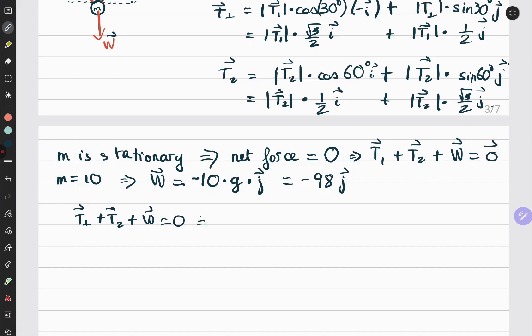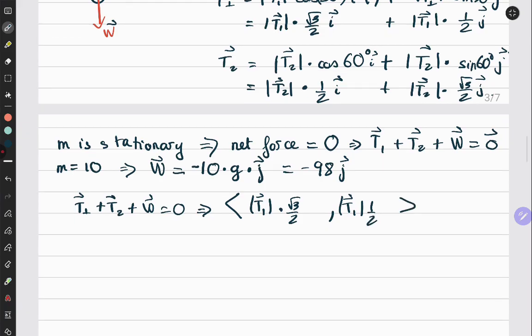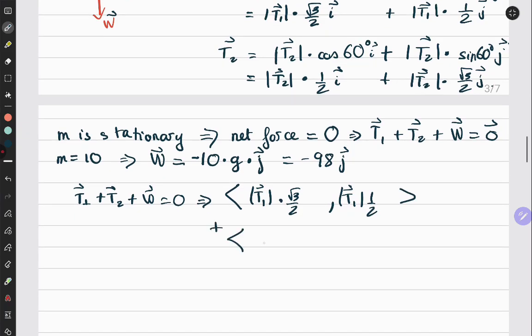That means, T1 plus the second vector. I'm writing in the vertical direction.